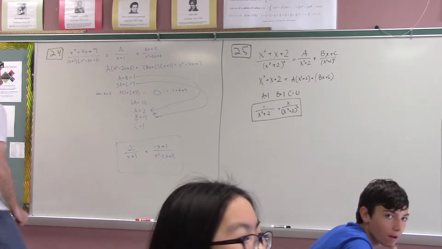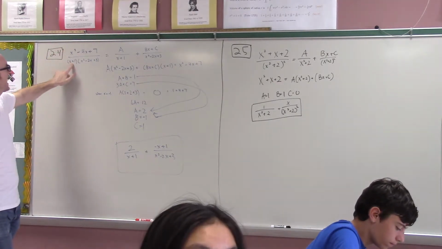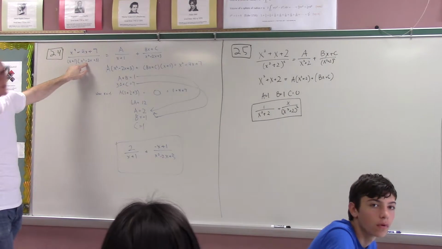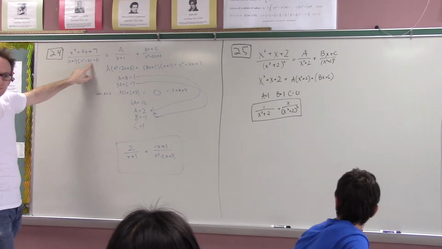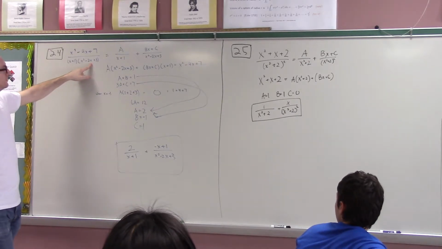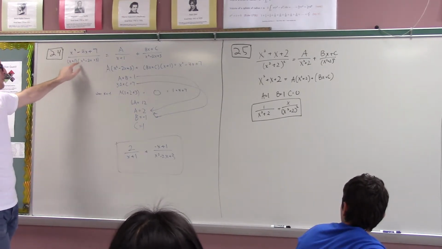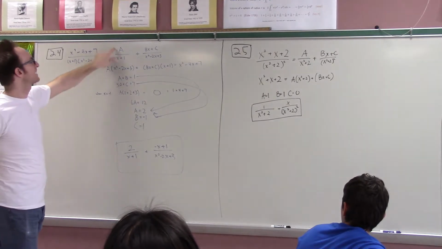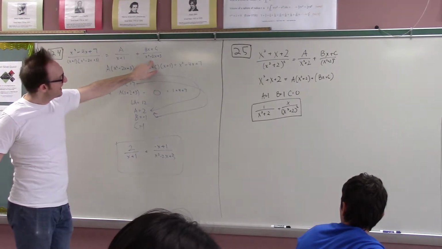Alright, anyway, we're back at 24. 24 is a quadratic over x plus 1 times x squared minus 2x plus 3. This is an irreducible quadratic, and so the best we can hope for is to split this up into some number of x plus 1s plus some number of x squared minus 2x plus 3s.